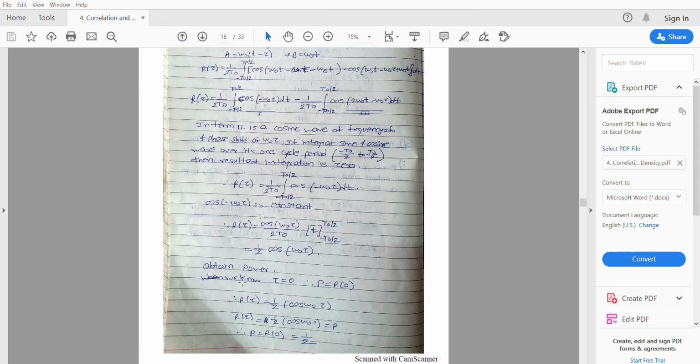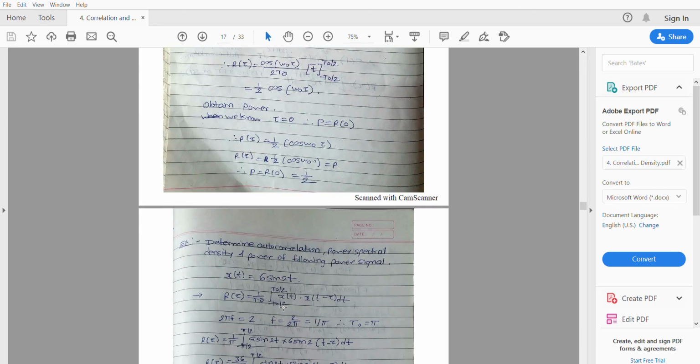Either use our normal formula P equals 1 upon T integral from minus T by 2 to plus T by 2 of x square of t dt, or find the autocorrelation. After solving the autocorrelation with respect to tau, substitute tau equal to 0, meaning delay is equal to 0, and we get the maximum value of the signal, which is nothing but the power of the signal, that is 1 upon 2.